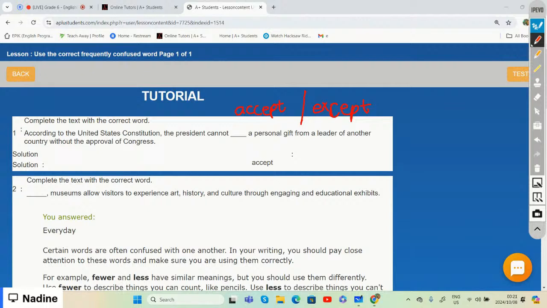So if we were to choose the correct word, is it option one or option two? Because this is basically us correcting the words. Which one is correct?